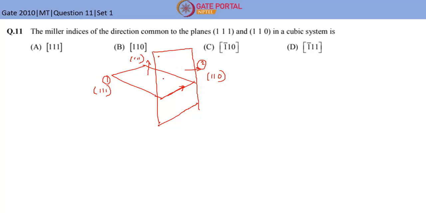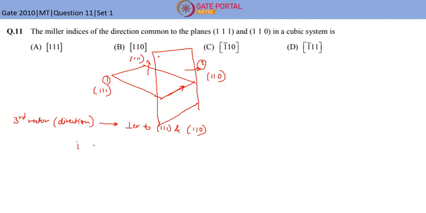Hence we have to find a third vector, or direction, which is perpendicular to 111 and 110. How to calculate it is basically just a cross product of these two.